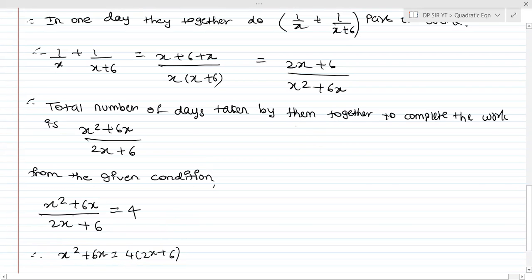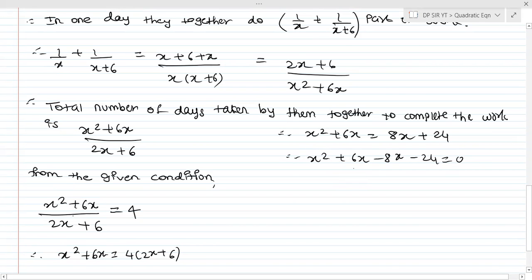So here it's going to be x square plus 6x is equal to 4 2s are 8x plus 6 4s are 24. Please solve this part. Therefore, x square plus 6x minus 8x minus 24 is equal to 0.